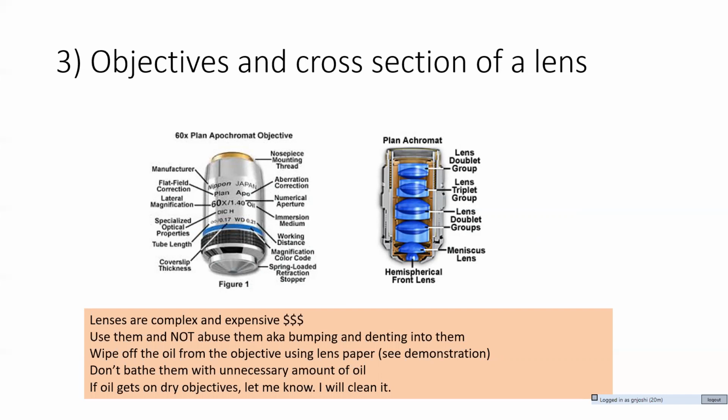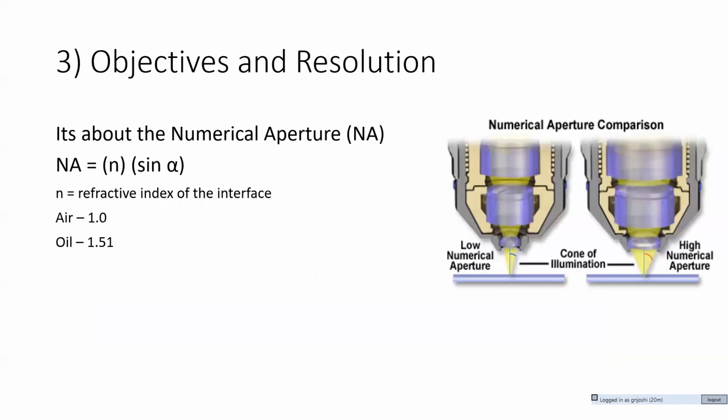In training tomorrow, I will definitely make you use the oil immersion lens so that you get a feeling of the images this microscope can take. Don't bathe the objectives in an unnecessary amount of oil, and if oil gets onto any of the dry objectives, let me know. I will clean that up.